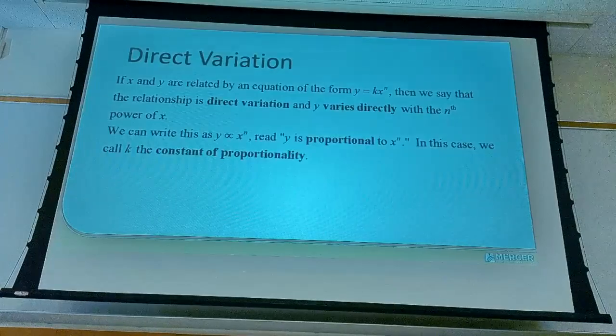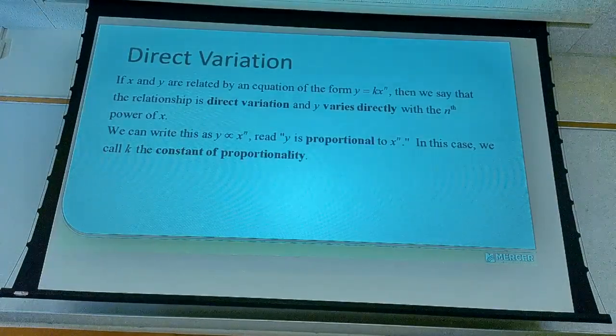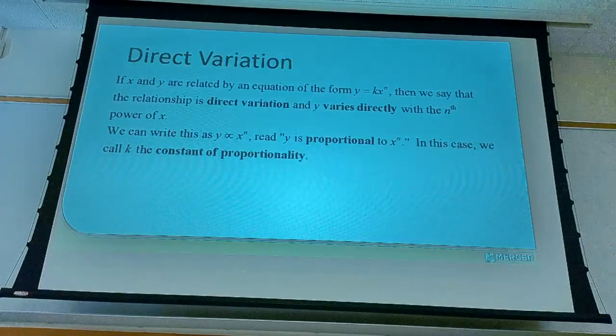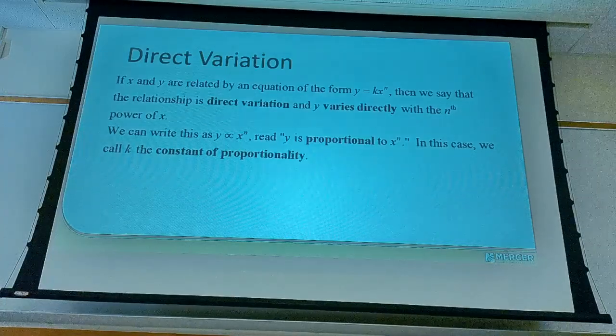We also write this as y is proportional to x to the n. K would be called the constant of proportionality.